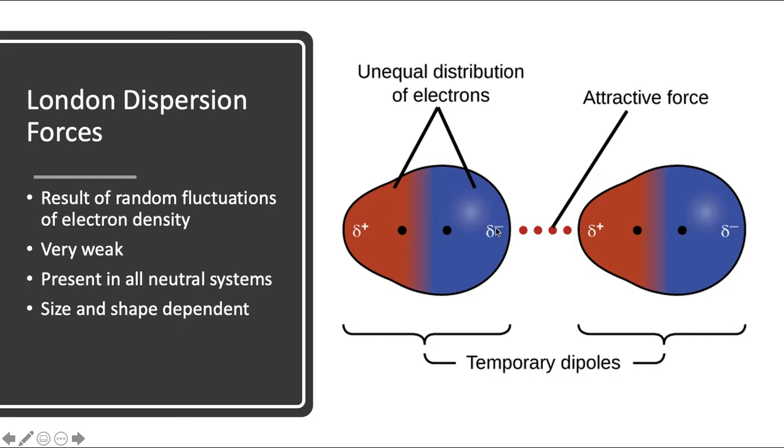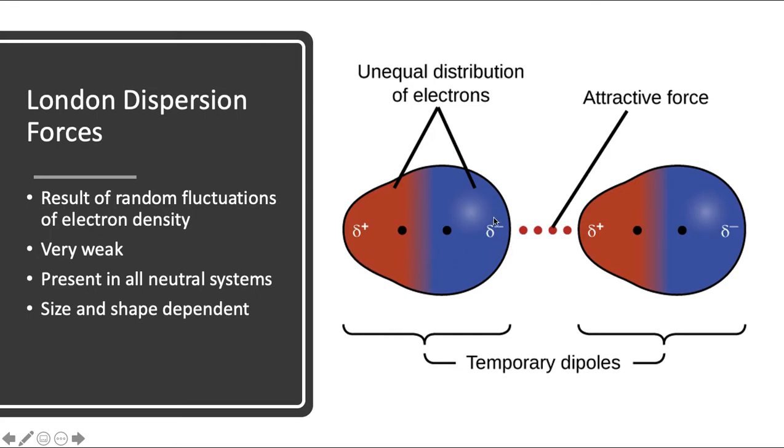And if I have a little negative charge on this side, that will leave the opposite side a little partially positive. We talked about these before when we talked about dipole formation, so it's kind of a review for right now. Now this can happen instantaneously in a system.